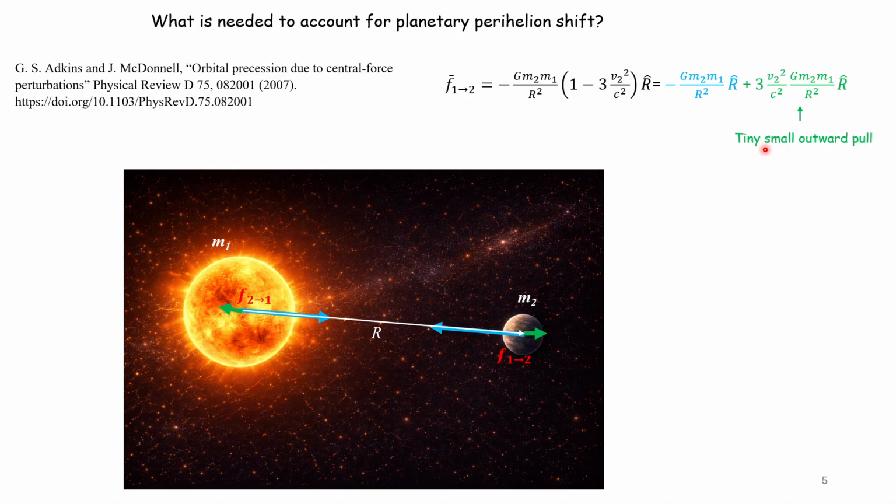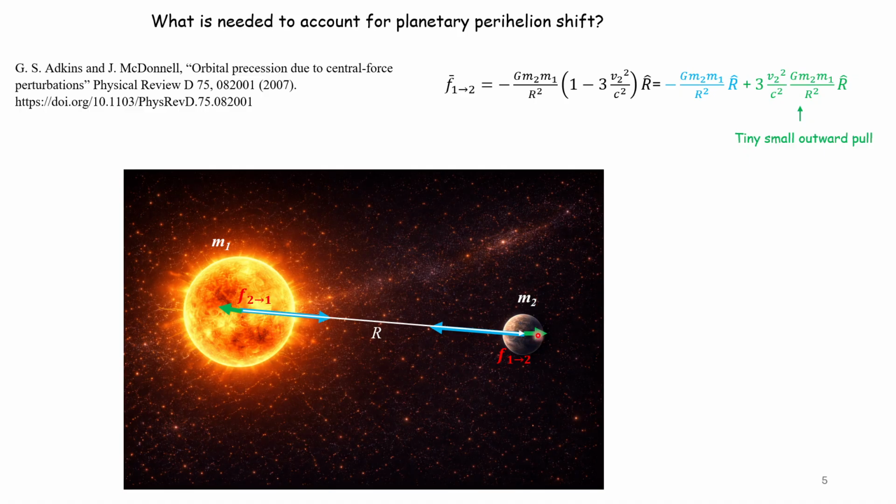So I have used the green color here, meaning that what we will show is that this is an inductive effect, a gravito-inductive effect. Object number one is the Sun. Object number two is Mercury, or the planet in general.